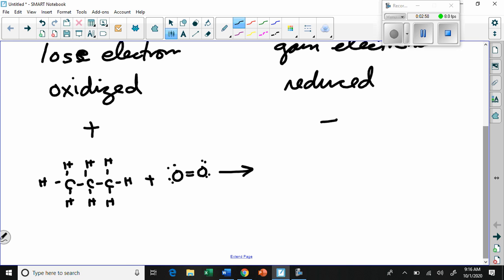We'll get carbon dioxide. And of course, water, right? HOH, something like that.